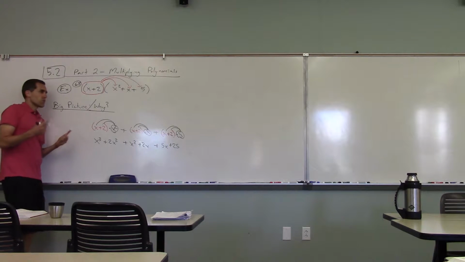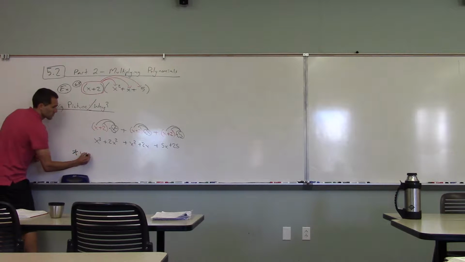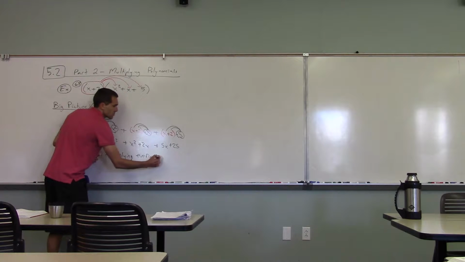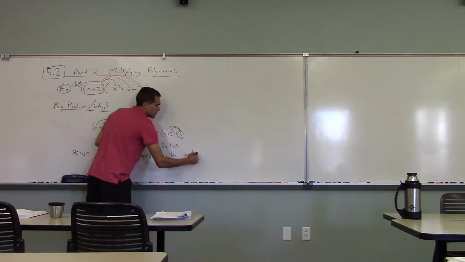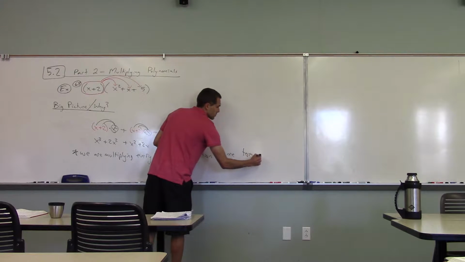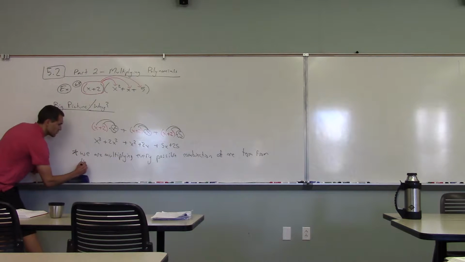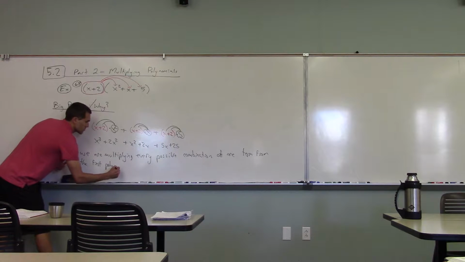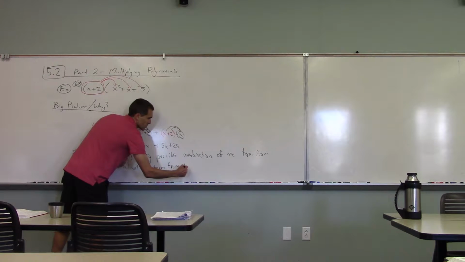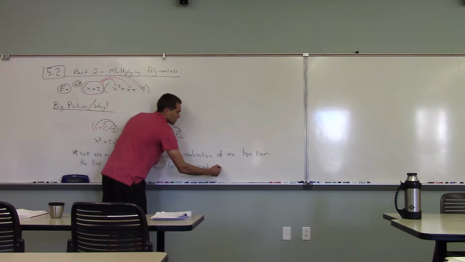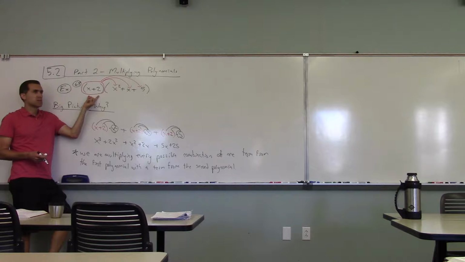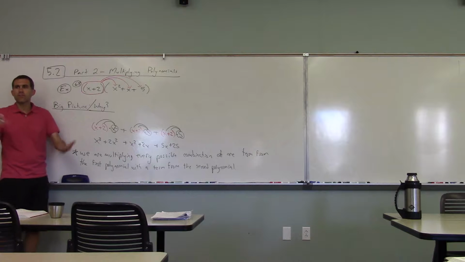So the big picture, or the what, or the why is, essentially what we're really doing here is we're taking every single term from the first polynomial and every single term from the second polynomial and multiplying together every possible combination.